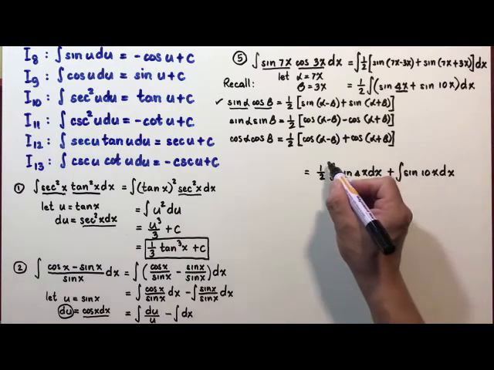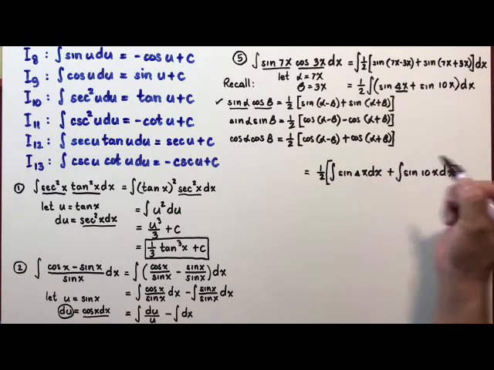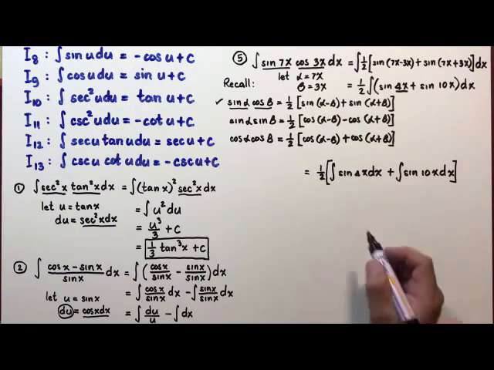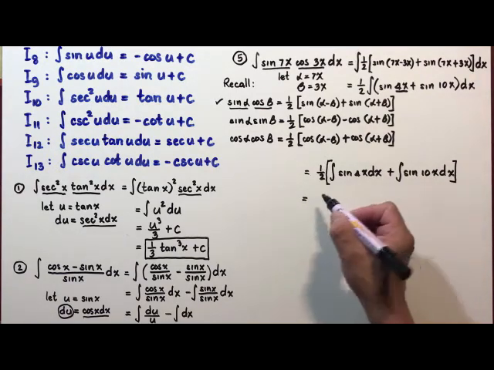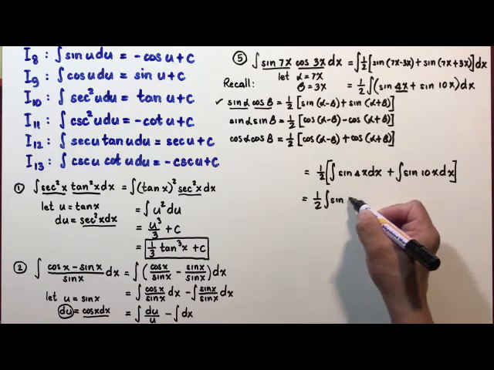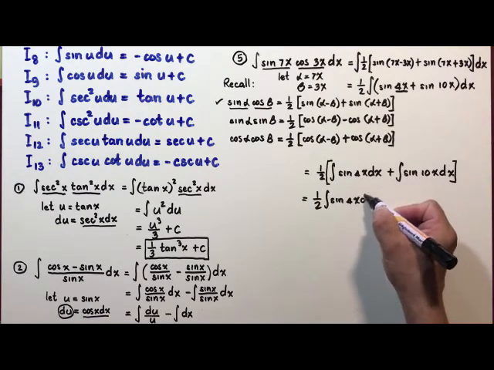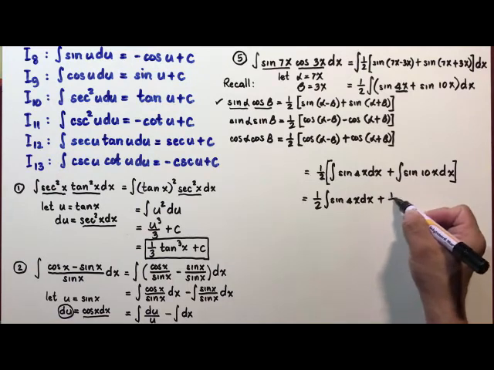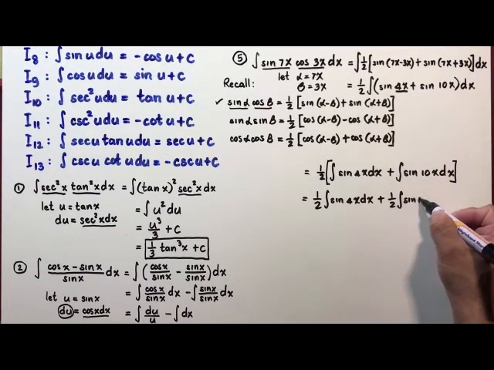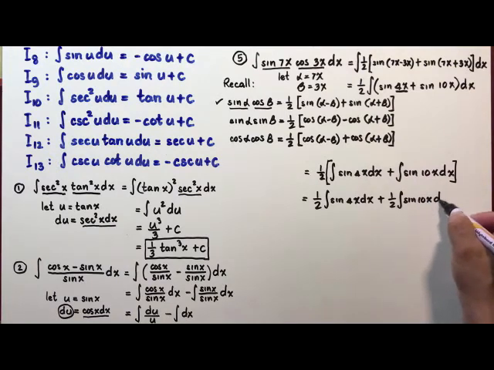But don't forget that this sum is all in all multiplied by 1/2. So I can distribute the 1/2, so this is 1/2 times the integral of sine 4x dx plus 1/2 of the integral of sine 10x dx.